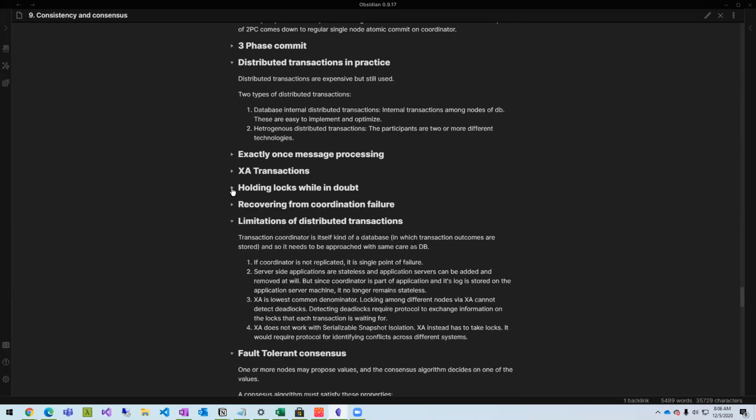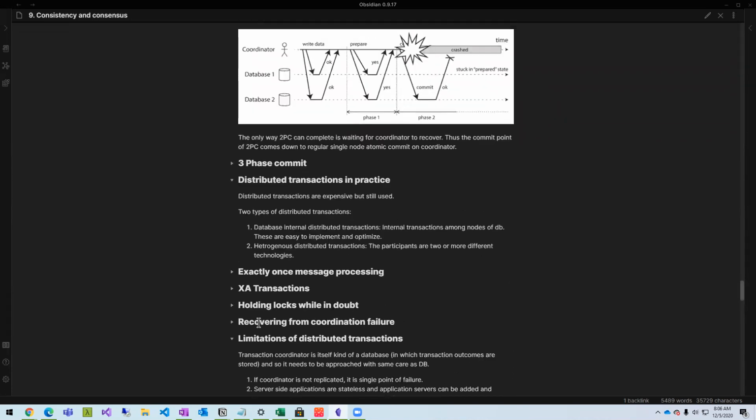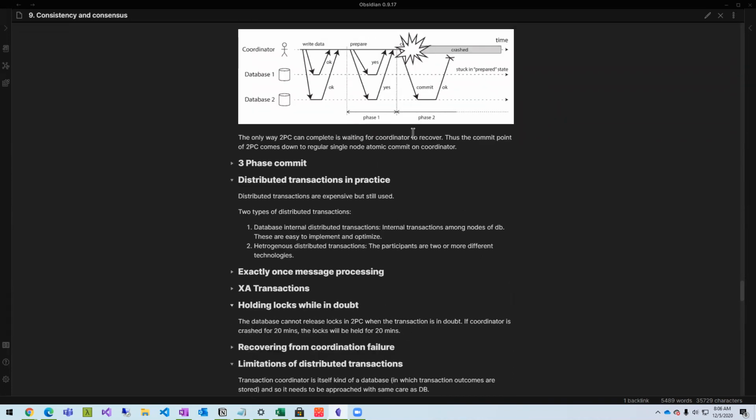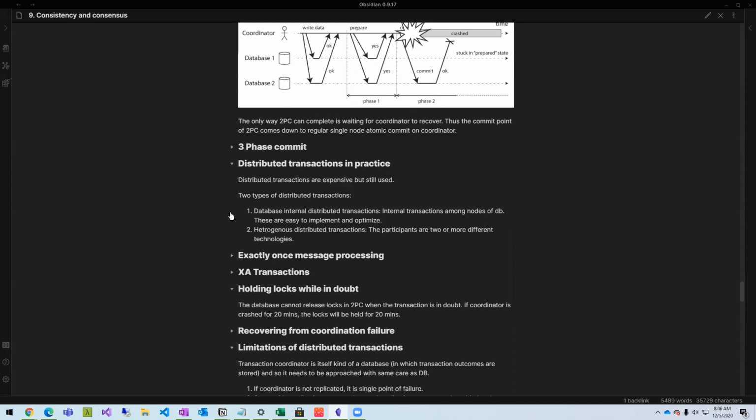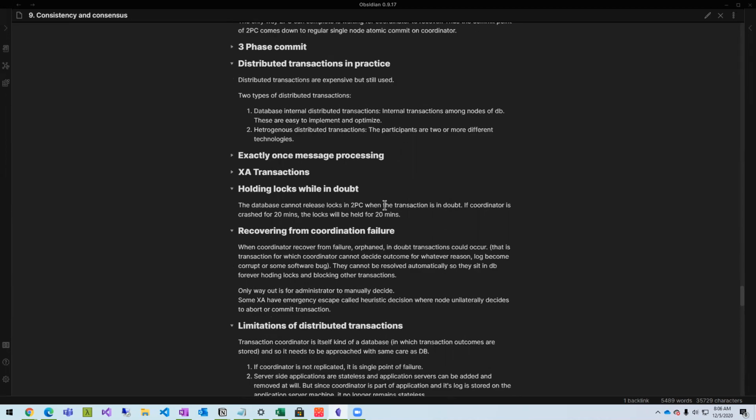We have already discussed that these nodes have to keep on holding the logs if the coordinator has crashed, because they don't know whether to commit or abort the data. When the coordinator recovers from failure, all these orphan and in-doubt transactions could occur.